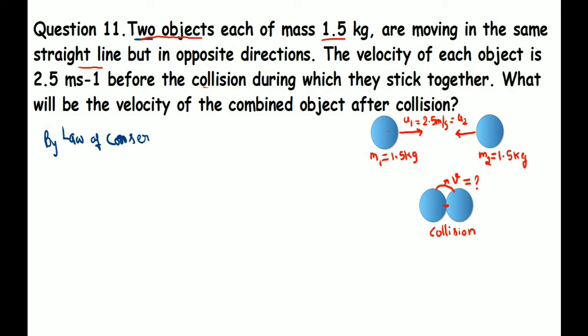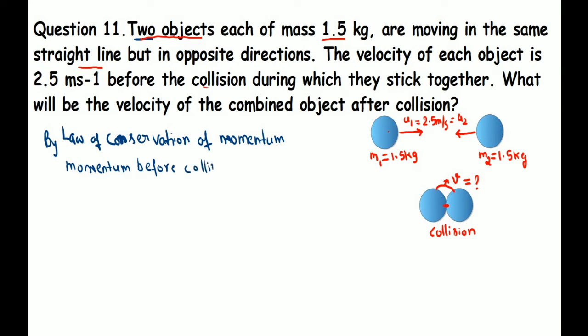Now if the objects are colliding, this is a simple question of the law of conservation of momentum. Whenever the word collision comes, that means the law of conservation of momentum applies. What is the law of conservation of momentum, student? This law says momentum is neither created nor destroyed.